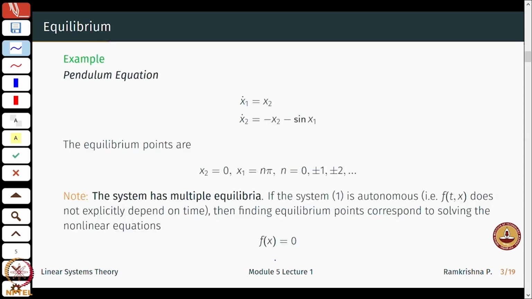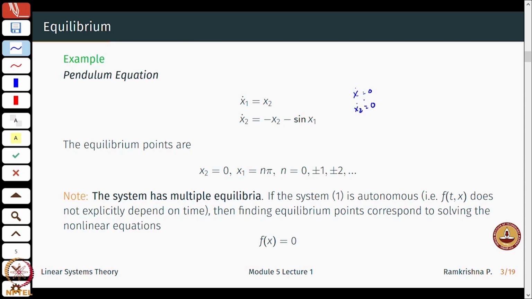So, what does this mean? We will go through a few examples to see different kinds of equilibriums that we will encounter. In the case of a simple pendulum where all the parameters are normalized to 1, I have an equation which looks like this. Equilibrium points are where I just say x1 dot is 0, x2 dot is 0.